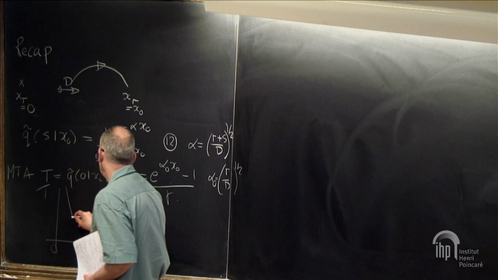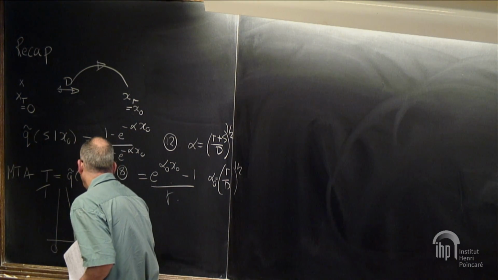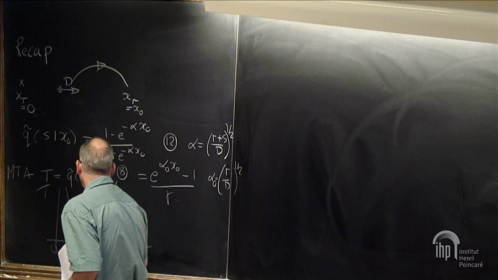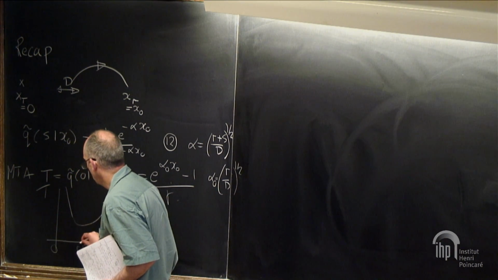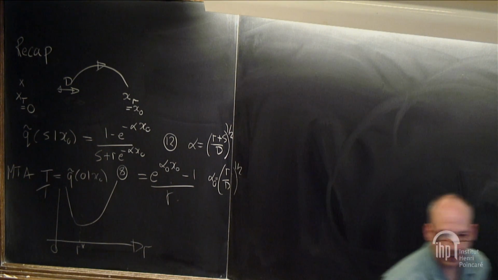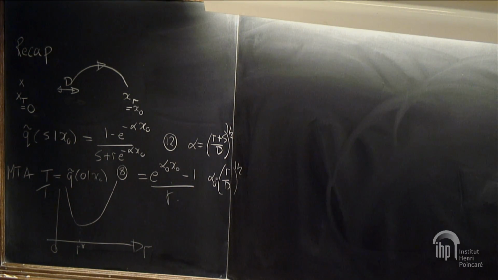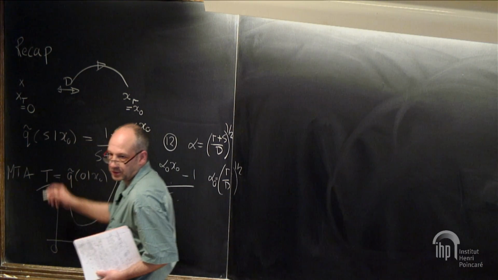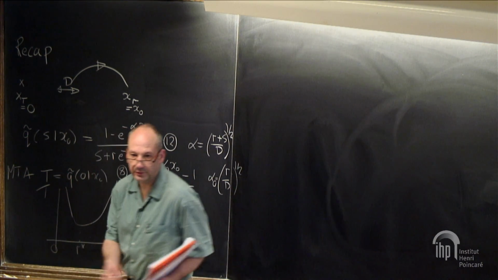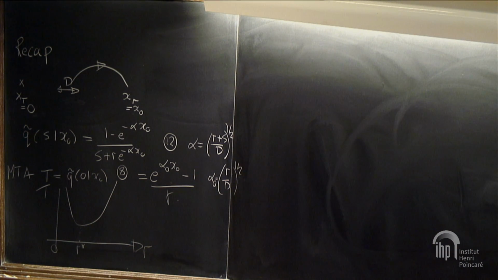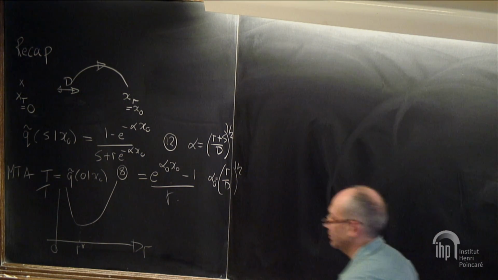And in between, we've got some minimum at, let's say, r star. And what I want to do just now is to analyze the position of that minimum, because that, in some sense, optimizes the time to absorption. If you're thinking of a search process, this particular value of resetting gives you the minimum expected time to find your target.